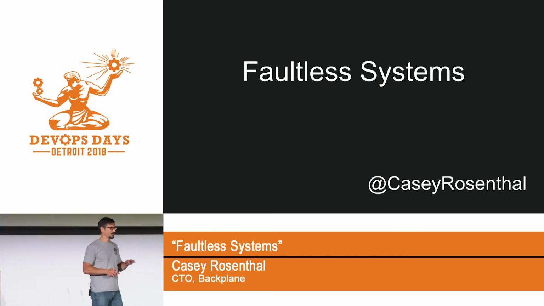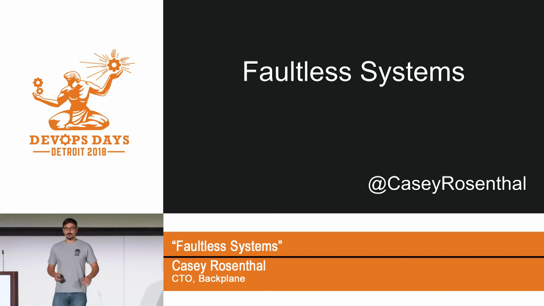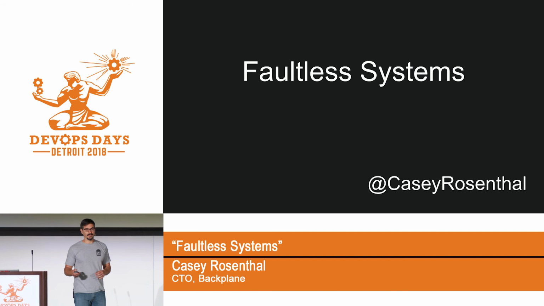So instead, I'm going to focus on something very much related but slightly tangential, which is complex systems. And hopefully, I'll posit some things that you disagree with, because that makes for more interesting conversation. So not really, but my talk is called Faultless Systems.